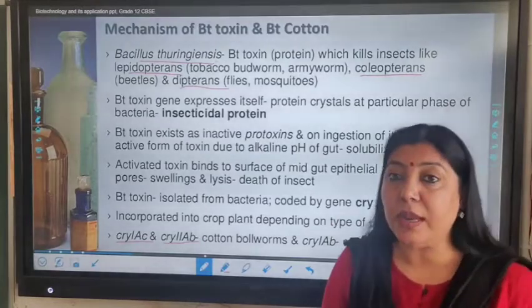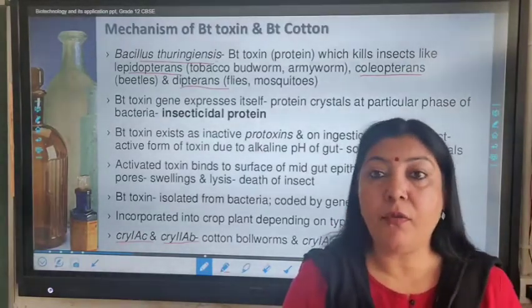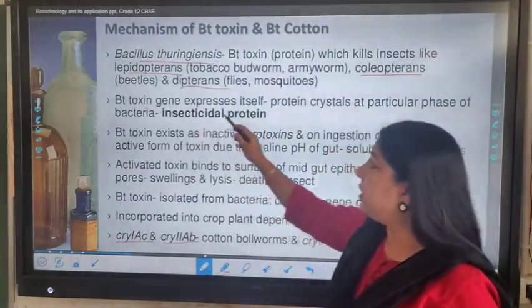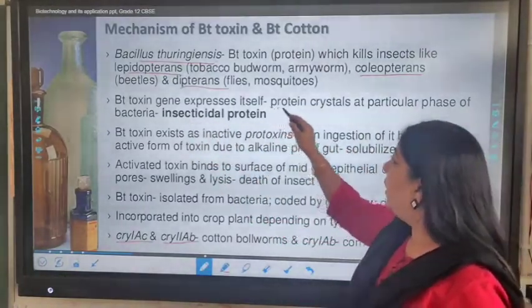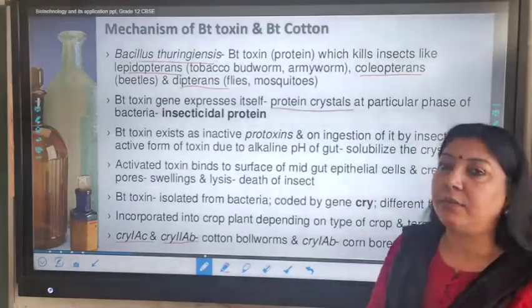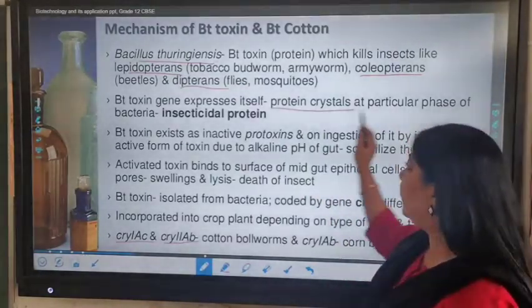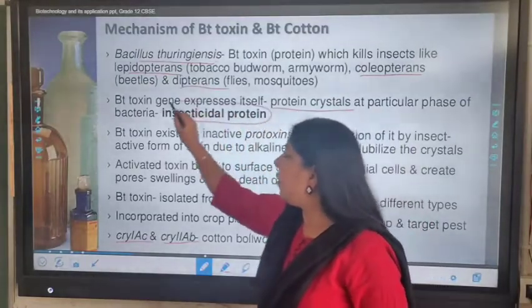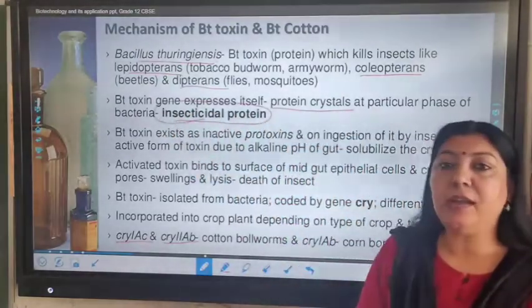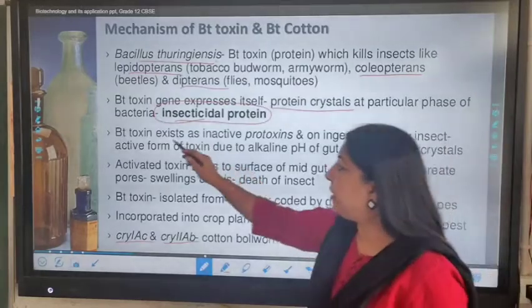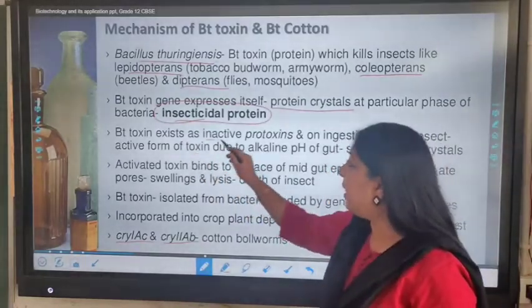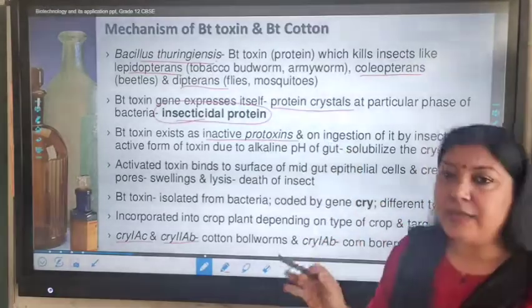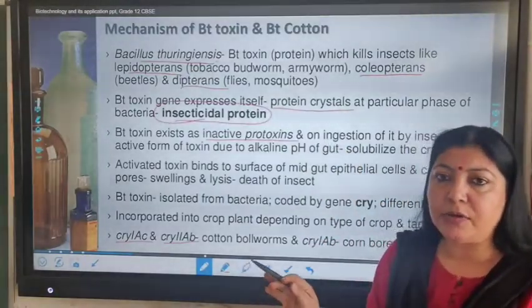How is it working? Let's see the mechanism of action of this cry protein. The Bt toxin gene expresses itself in the form of a protein crystal at particular phases of the bacteria. This crystal protein is called an insecticidal protein. This Bt toxin exists as an inactive protoxin. Otherwise it is inactive and will not produce any problem.